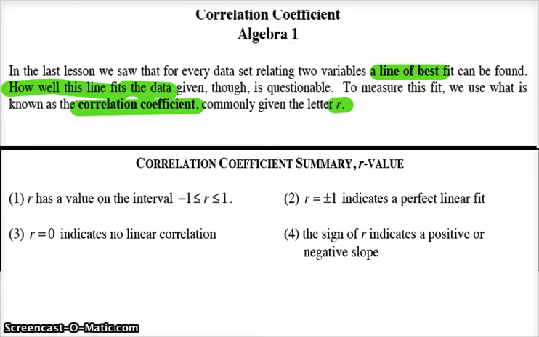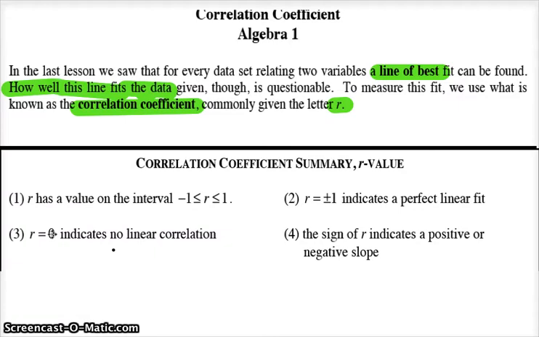What we have here is correlation coefficient with an R value, and they're giving you a little summary. I'm going to give you the summary, and then we're going to go in and do the problems. When we have data like this, we're looking to see if it has a positive correlation, a negative correlation, that type of thing.